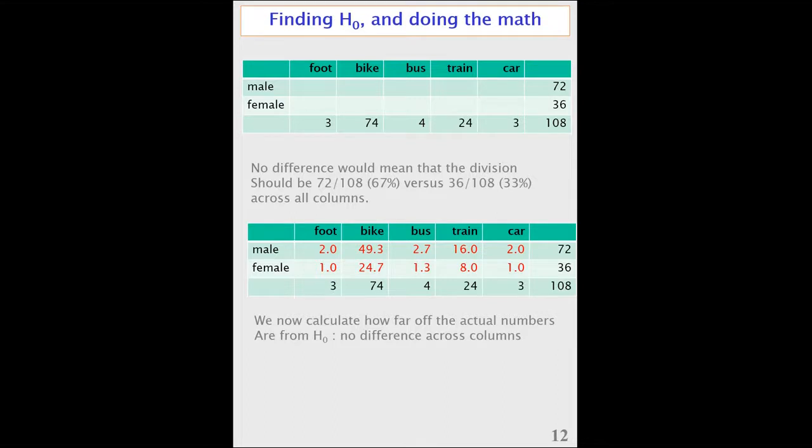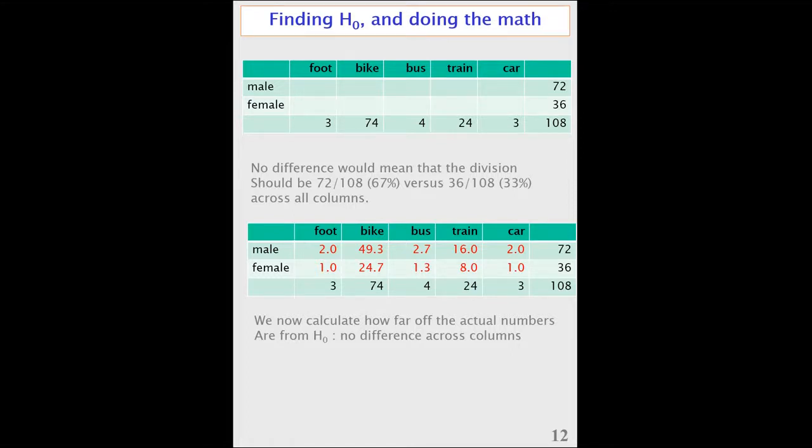That's a 2 here and a 1 there, a 16 here and an 8 there, a 2.7 here and a 1.3 there. This of course can never happen because there has to be an integer in there. You can have 3 cases there or 2, but not 2.7. 49.3 versus 24.7, and again 2 versus 1. This is what I would expect if they are totally independent and everything works out just perfectly.